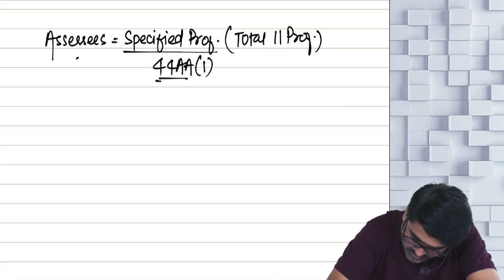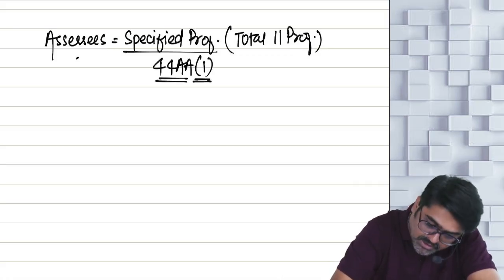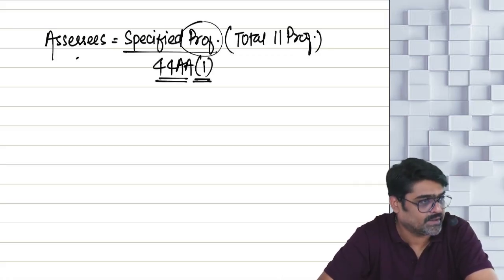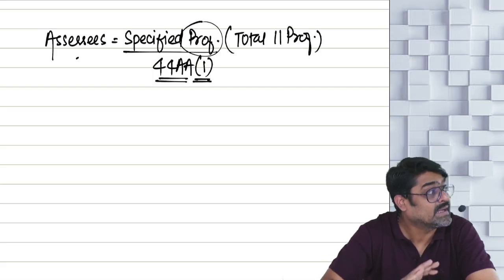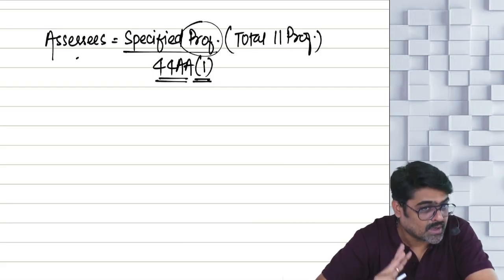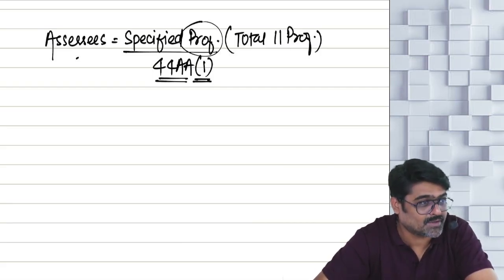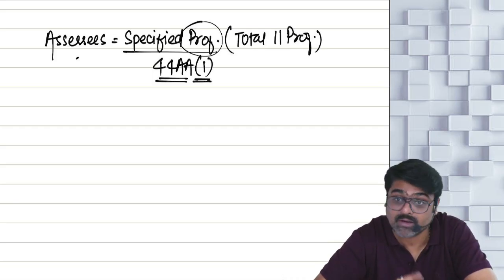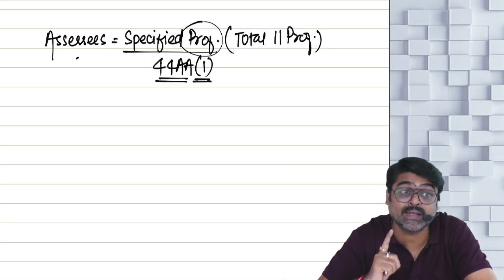So in 44AA subsection 1, certain professions are specified. How many professions are specified? 11 professions are specified. Doctor, lawyer, accountant meaning chartered accountant, authorized representatives, yes or no? Interior decorator, likewise 11 professions, and you will have to remember these 11 names.